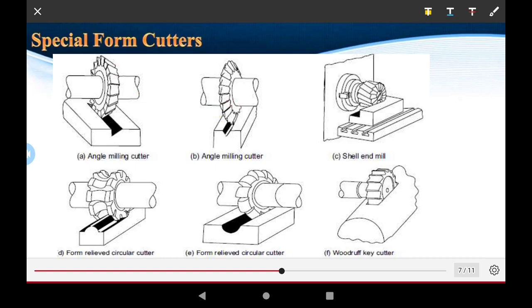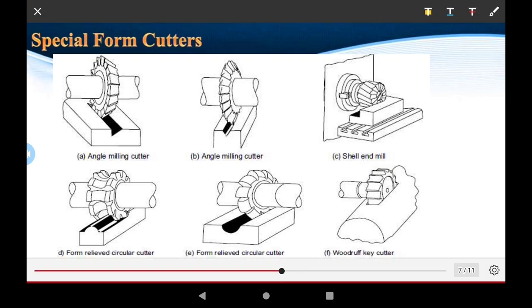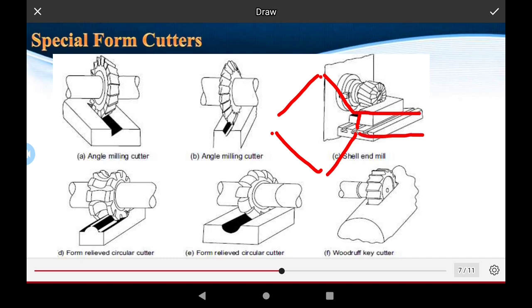Okay, suppose these are the teeth on the workpiece. This is the shaft, which is wound from the workpiece.